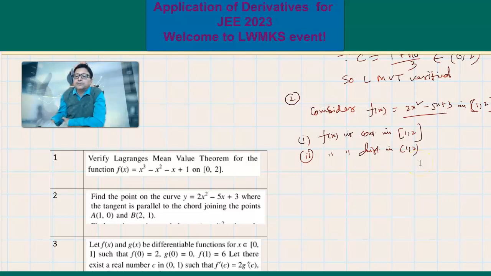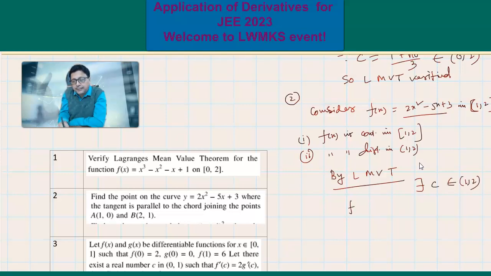Now, there must be a point in between 1 and 2 by LMVT. There exists c in the interval 1, 2 where f dash c is going to be equal to f2 minus f1 by 2 minus 1.